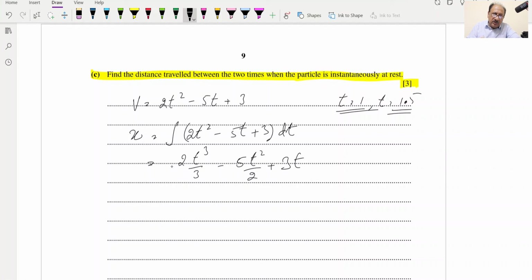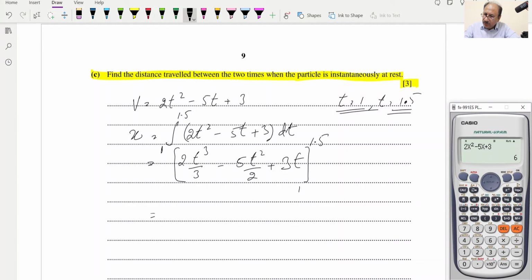This will be the integral, and we forgot to take the integral limits, and this will be 1 to 1.5. Now we can replace the values, and we can replace them with the help of a calculator. So what we can do, we will type this equation.